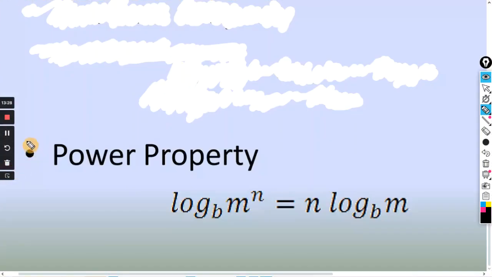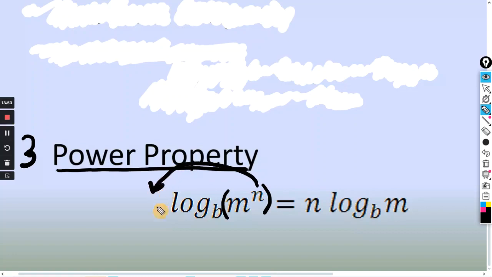All right, last one. We'll call this property number 3. This is the power property, and it's actually pretty simple. Log base b, and the argument here is m to the power of n. This whole thing is the argument, and what you do is you take the exponent and just move it out front, and it is multiplied by the log.